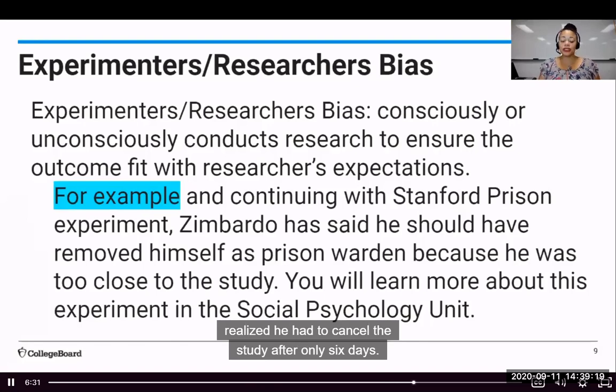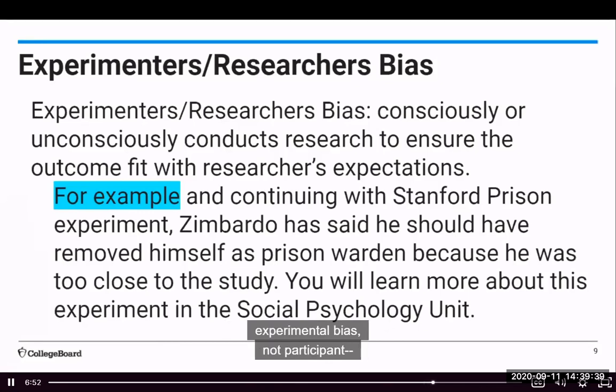So we will talk more about the Zimbardo study in the social psychology unit because it is fascinating. It is a cornerstone of social psychology.